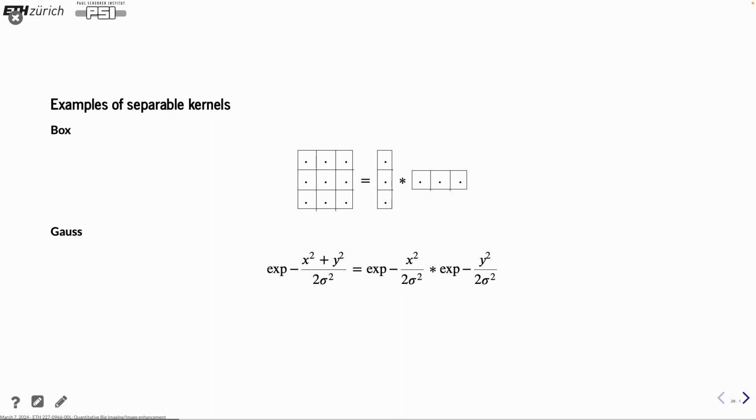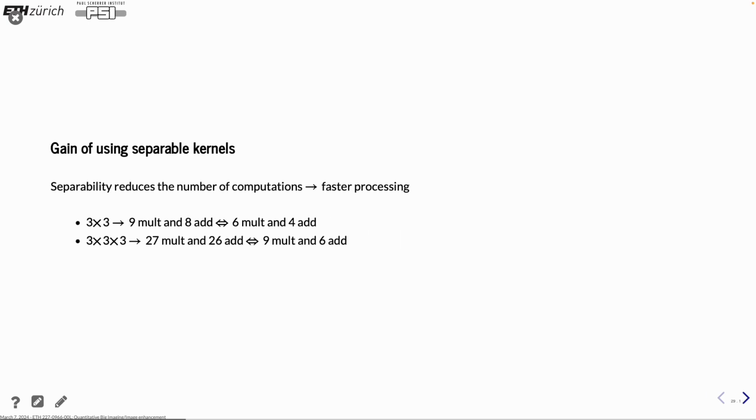Now, actually you can gain a lot of speed with doing this, because if you do the 3x3, typically, you would have 9 multiplications and 2 additions. But if you do the splitting in this way, you can instead do 6 multiplications and 4 additions, and that will save you a lot of time in your processing.